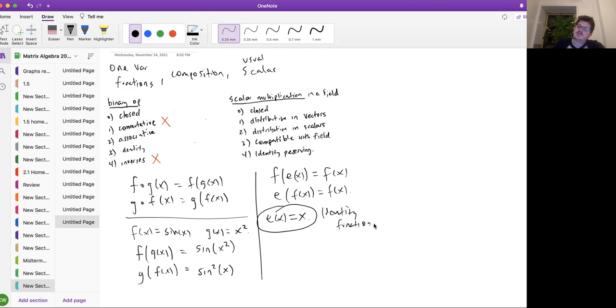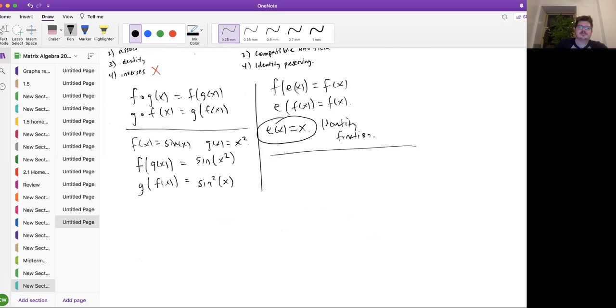So why do not all functions have inverses? Which functions don't have inverses? Do you remember there's a couple ways you can phrase it? Going too far back?